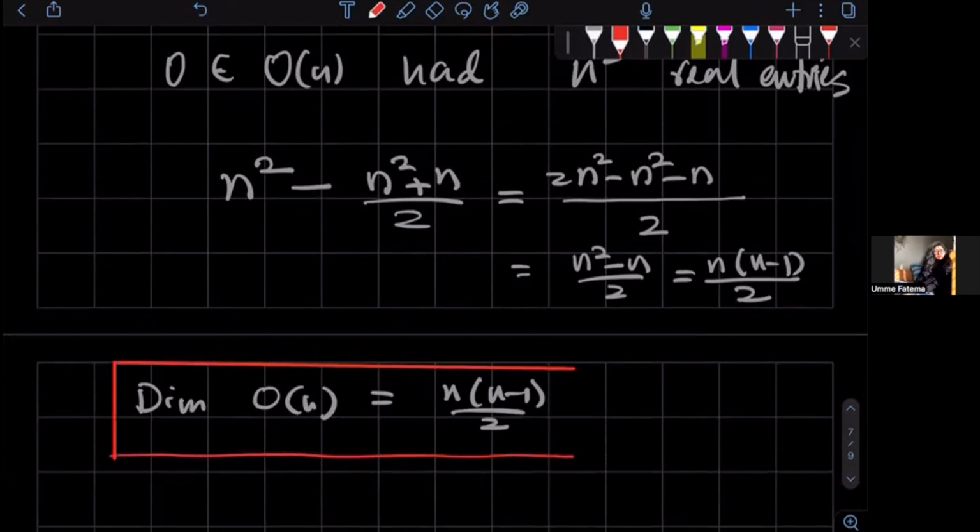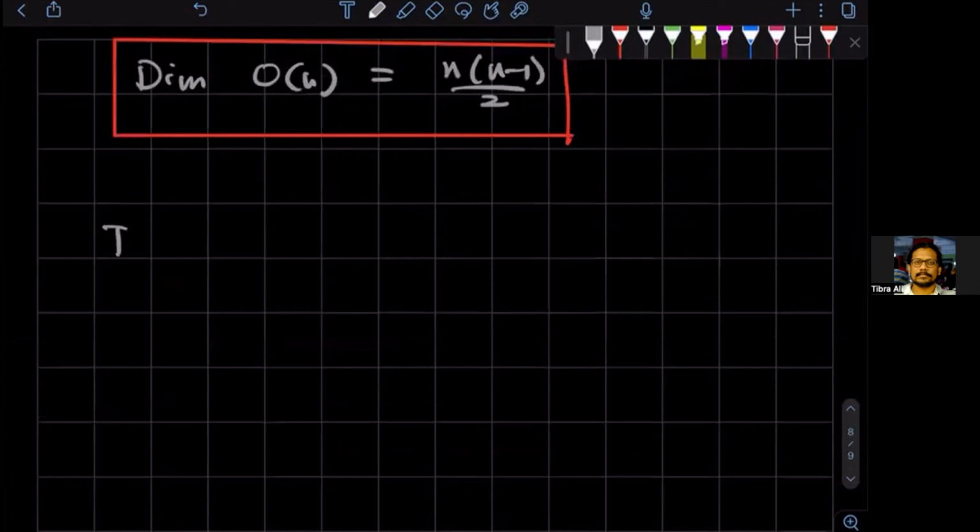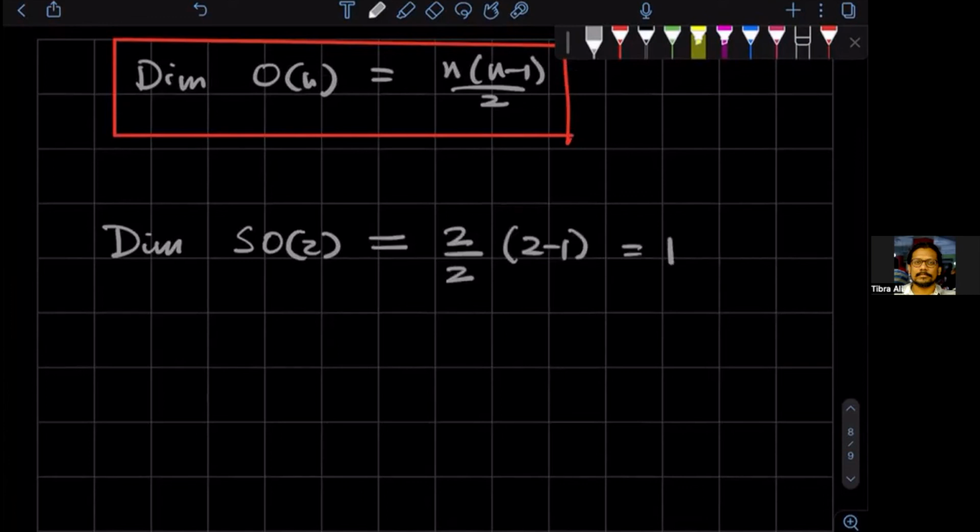Yes, sir. Okay. So let's see that this actually matches with what we have seen so far. So for example, if I take the dimension of SO(2), which is the group of rotations in two dimensions, it's going to give me n is 2, 2 times (2 minus 1) divided by 2, which is 1, right? In 2 dimensions, for rotation you only need 1 angle to specify it. So this works.